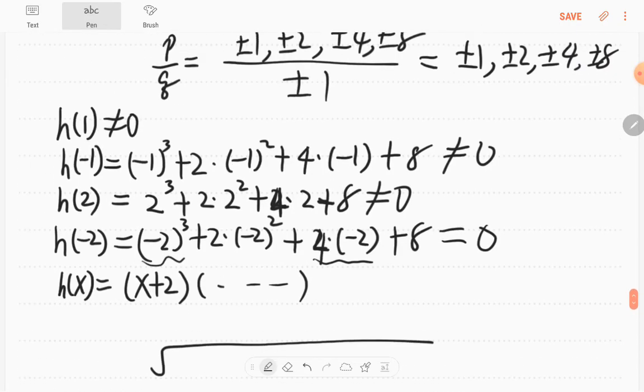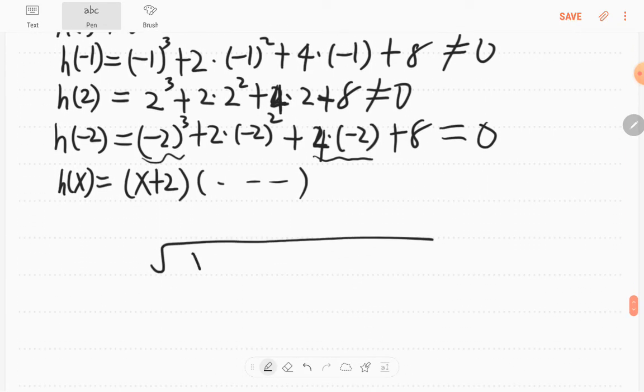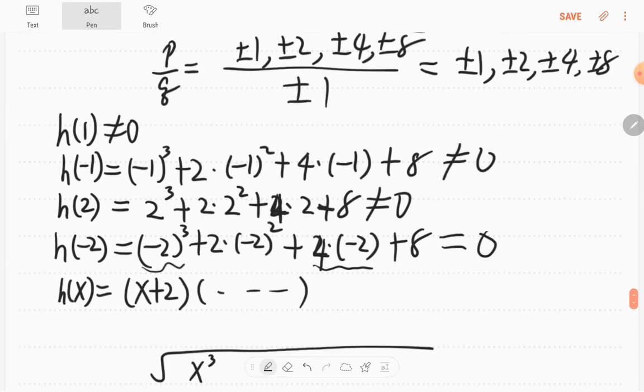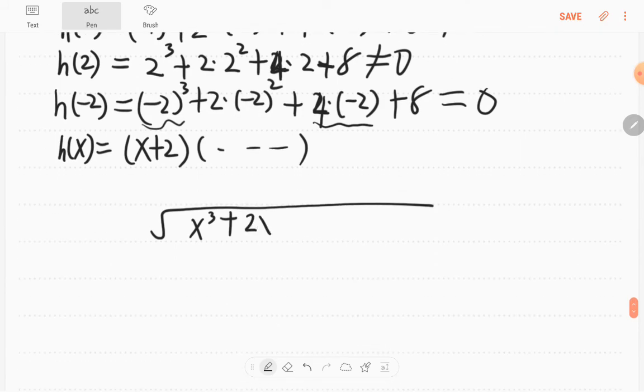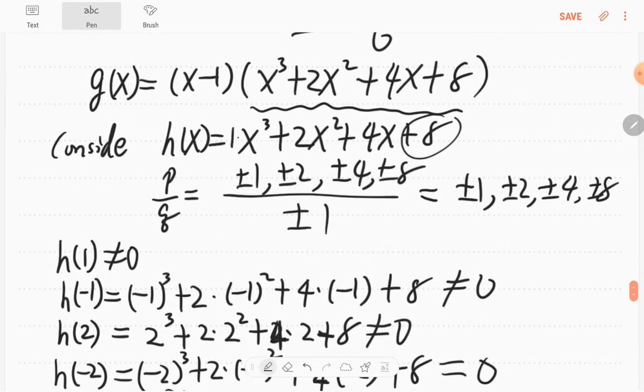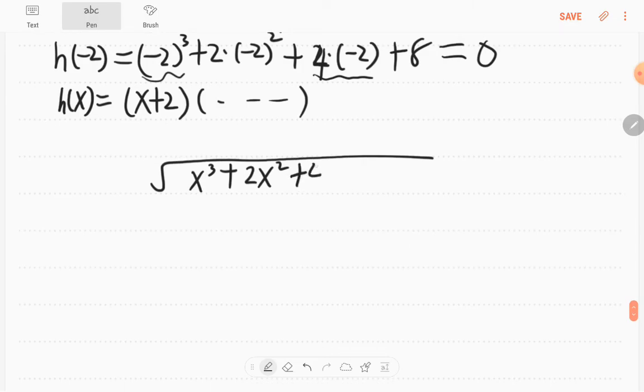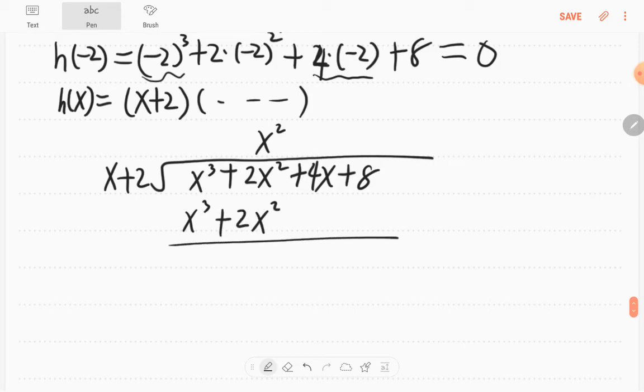So h of x is x cubed plus 2x squared plus 4x plus 8 divided by x plus 2. So this is the x squared, x cubed plus 2x squared, 0, right? So we need 2 terms. So we move down 2 terms, plus 8.